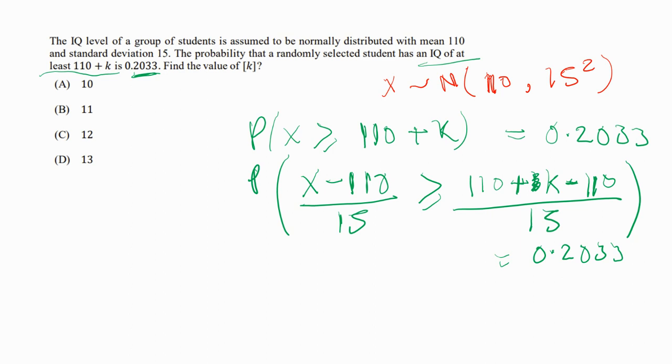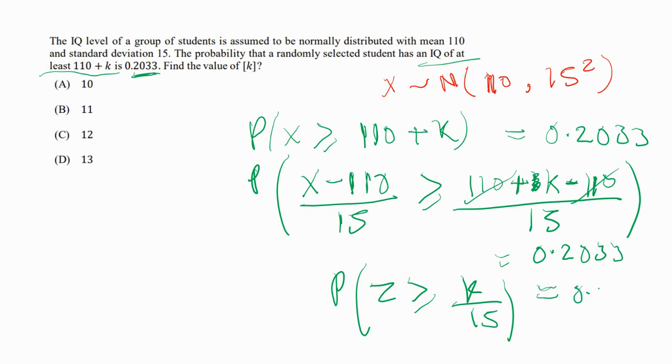Okay. So this is our z, and 110 will be cancelled out. It will be k by 15, which will be 0.2033.